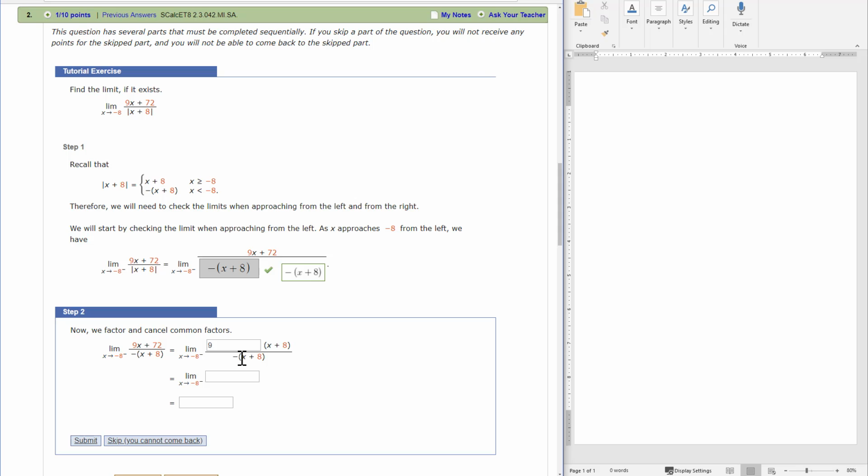Now that we have common factors, we see an x plus 8 and x plus 8 that we can cancel out. We get 9 in the numerator and negative 1 in the denominator, which is equivalent to negative 9. We're taking the limit as x approaches negative 8 from the left side, and the expression simplifies to negative 9. There are no more x's involved, so the limit has to be negative 9.